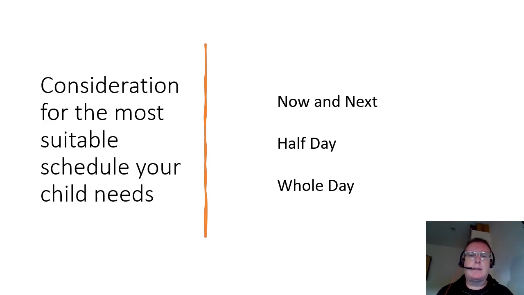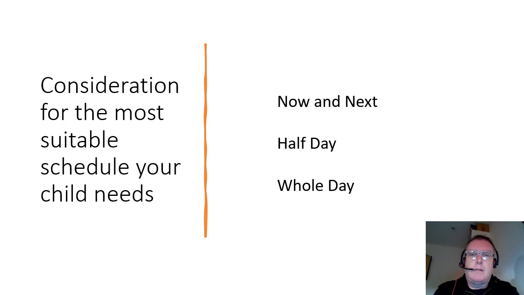The other thing that I believe is very important is considering how much information you're going to give them. For some children, on a visual schedule, now and next is enough. It's helping them understand what they're doing in the present and what they're going to be doing next.